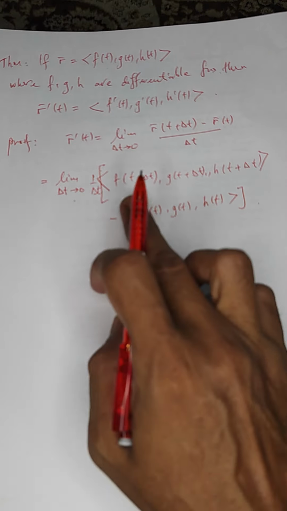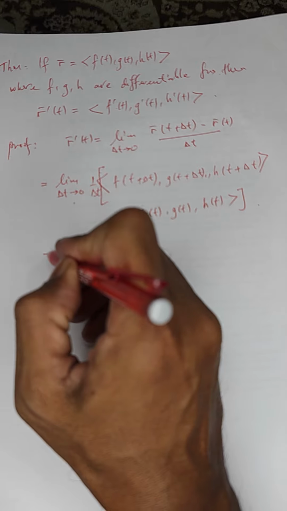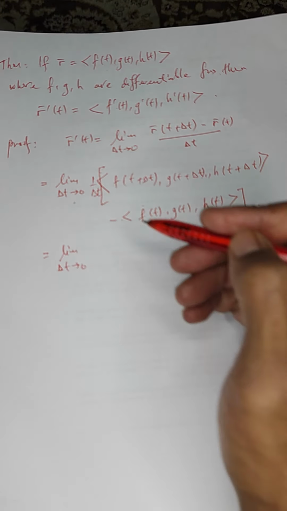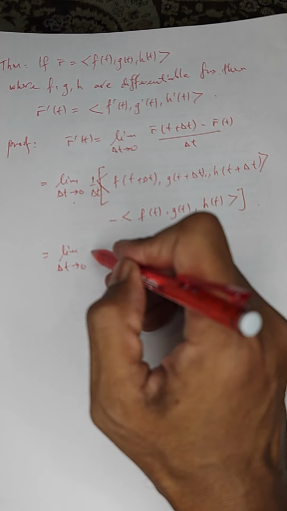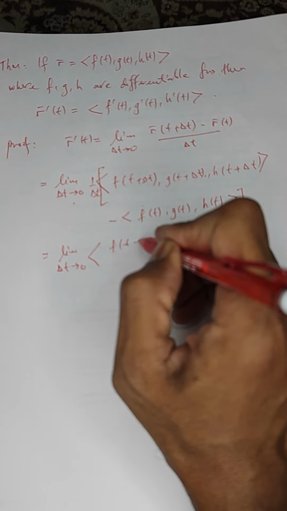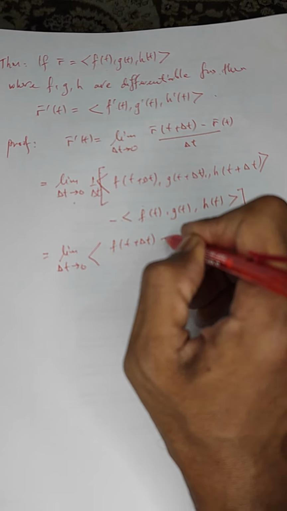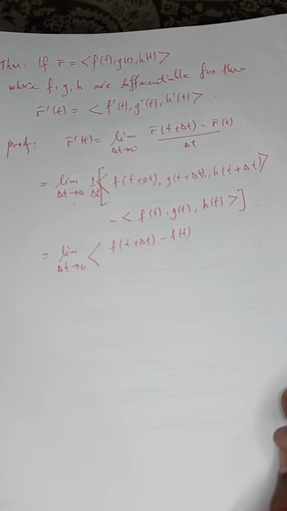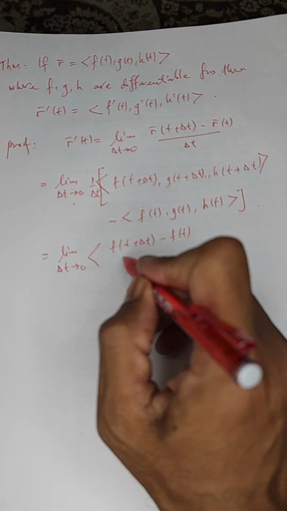You can rearrange those things. That gives us the limit as delta t approaches 0 of the vector with first component f(t plus delta t) minus f(t), since we subtract component by component, over delta t.